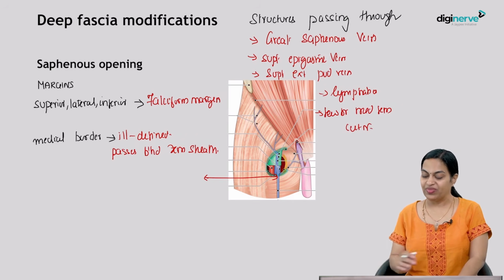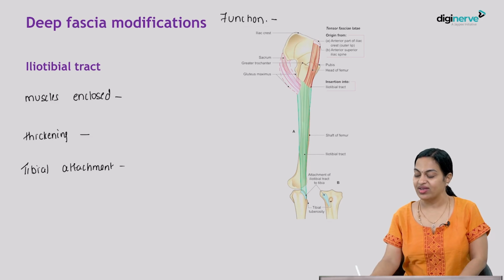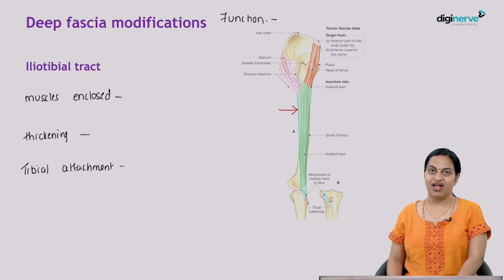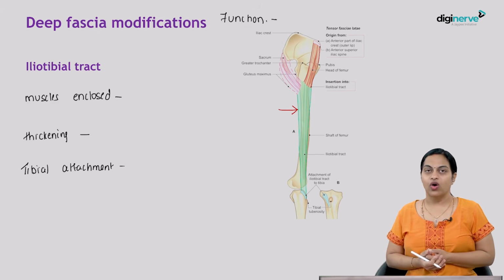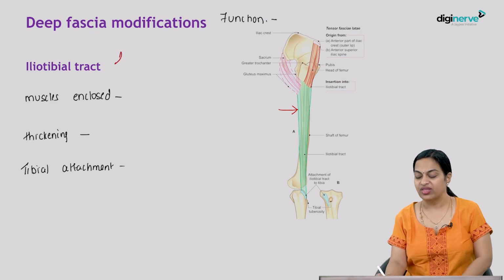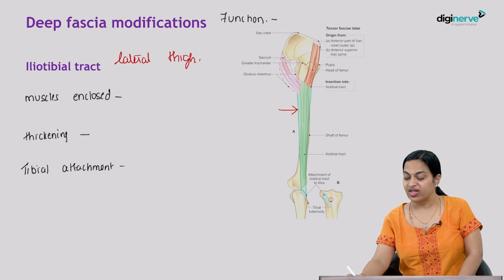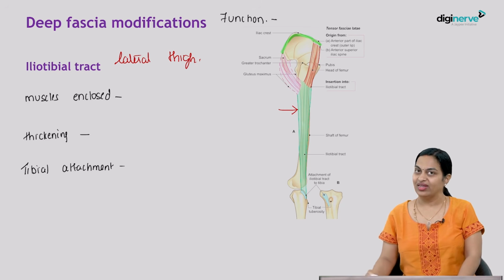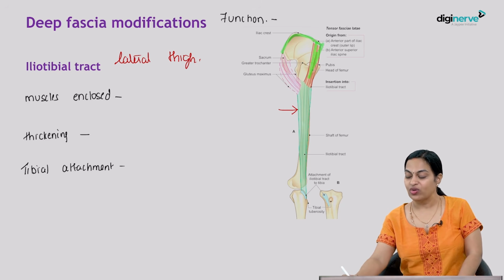Fine. Now coming to the next modification of fascia lata, very important, the iliotibial tract. The fascia lata is the deep fascia of the thigh. Over the lateral aspect of the thigh, it is thickened to form the iliotibial tract. As the name suggests, it is attached to the margins of the iliac crest and then it splits to enclose two muscles that you see here.